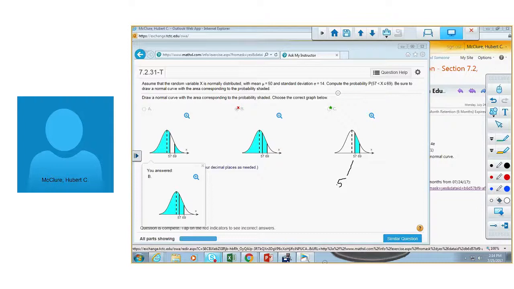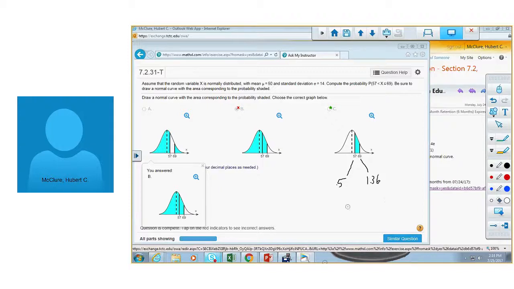And then 69 minus 50 is 19. 19 over 14 is 1 5/14, which would be 1.3 something. Somebody tell me what this one is. What's 69 minus 50 over 14? 1.357, so 1.36.